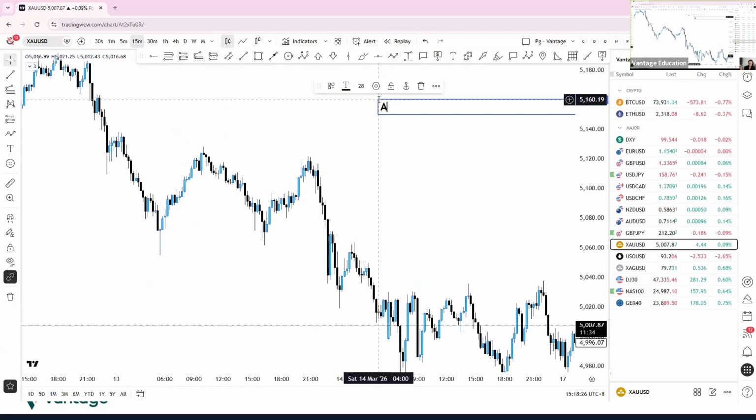Let's look here. The AB equals CD pattern also uses a Fibonacci projection.